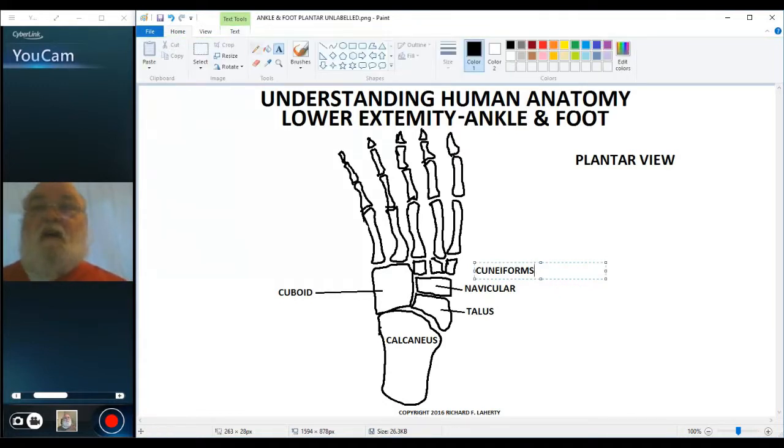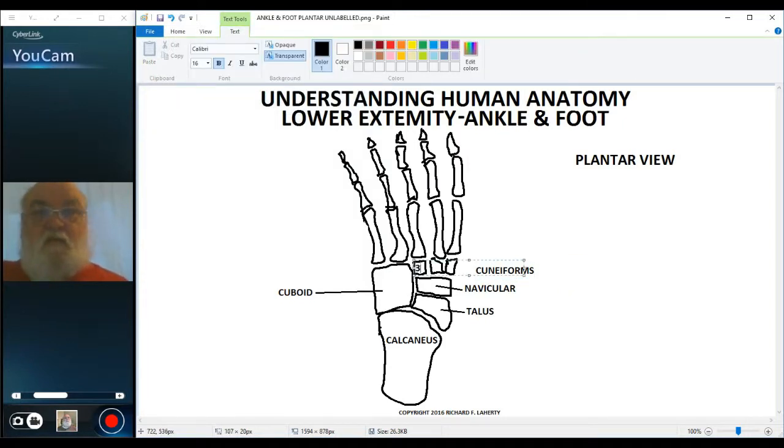and again I'll type their numbers in. Number 3, number 2, and number 1. And remember that the big toe is the medial side, and they're numbered from medial to lateral.